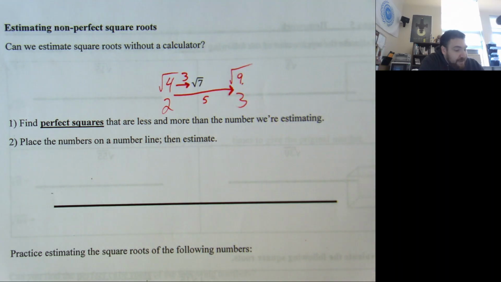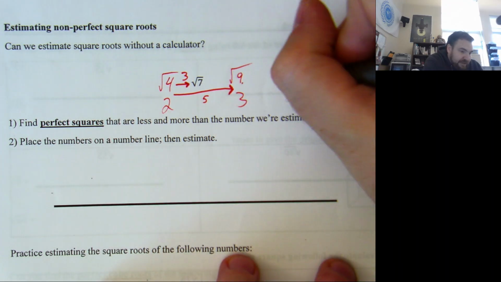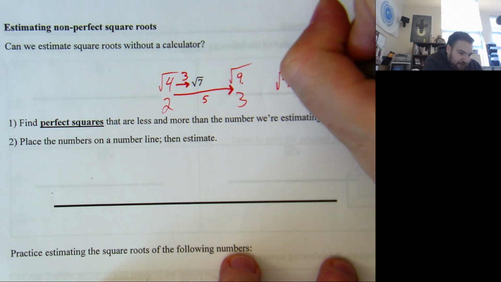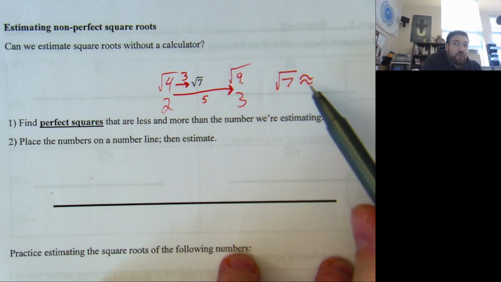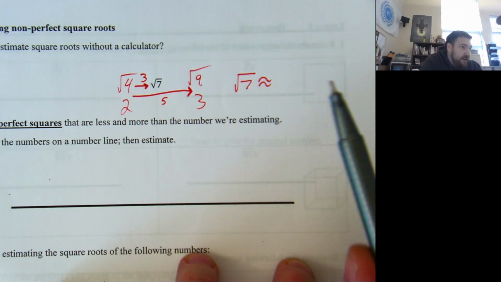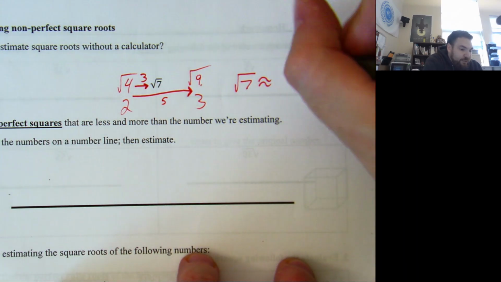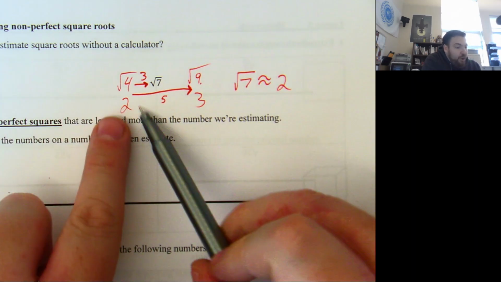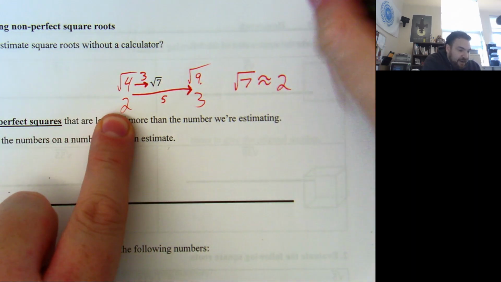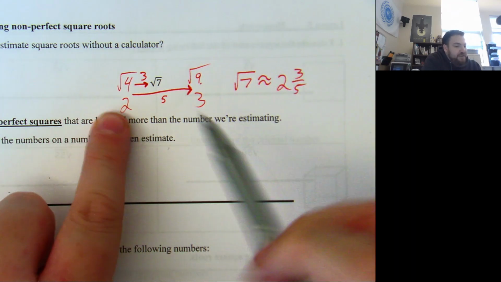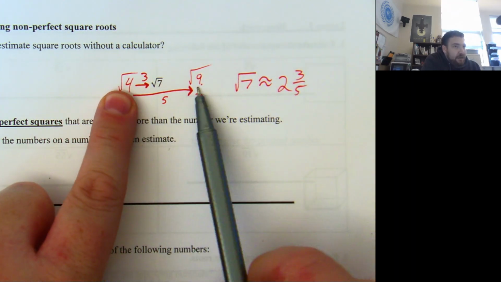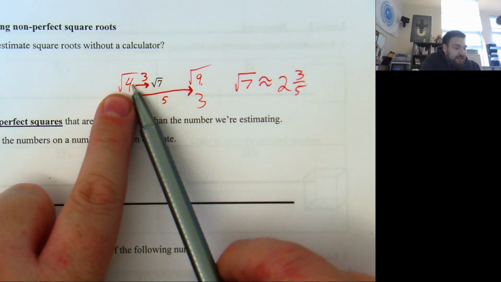So then our estimate is going to be that the square root of 7 is approximately equal to, the squiggly equal sign, 2, the lower perfect square, and 3/5, the fraction along the way that 7 is between these 2 perfect squares.